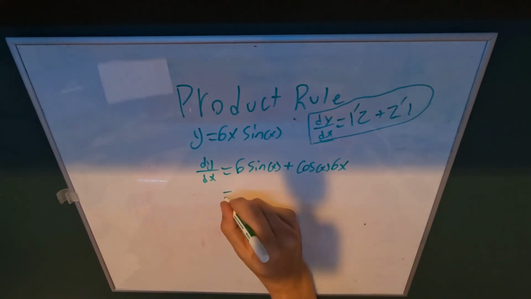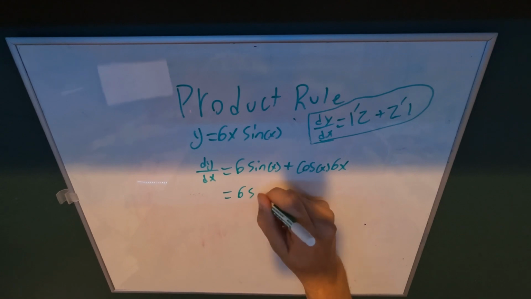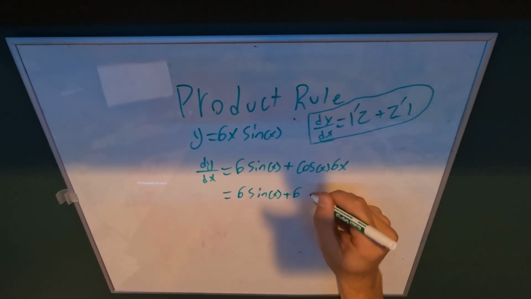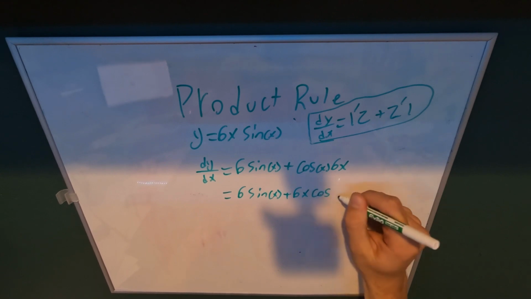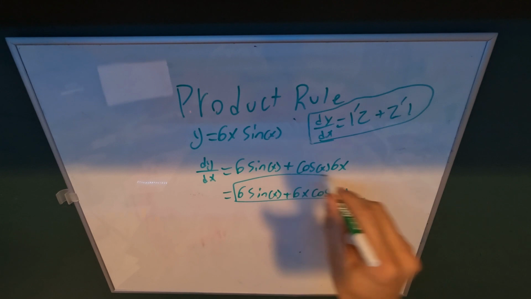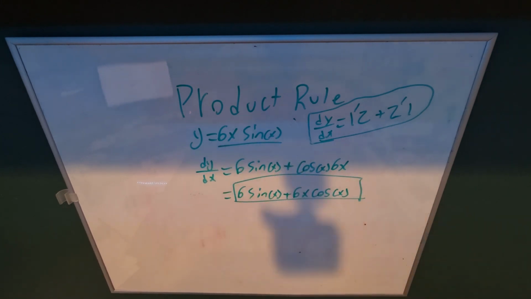So I'd probably write that as 6 sine x plus 6x cosine of x. And that's your derivative for 6x sine of x.